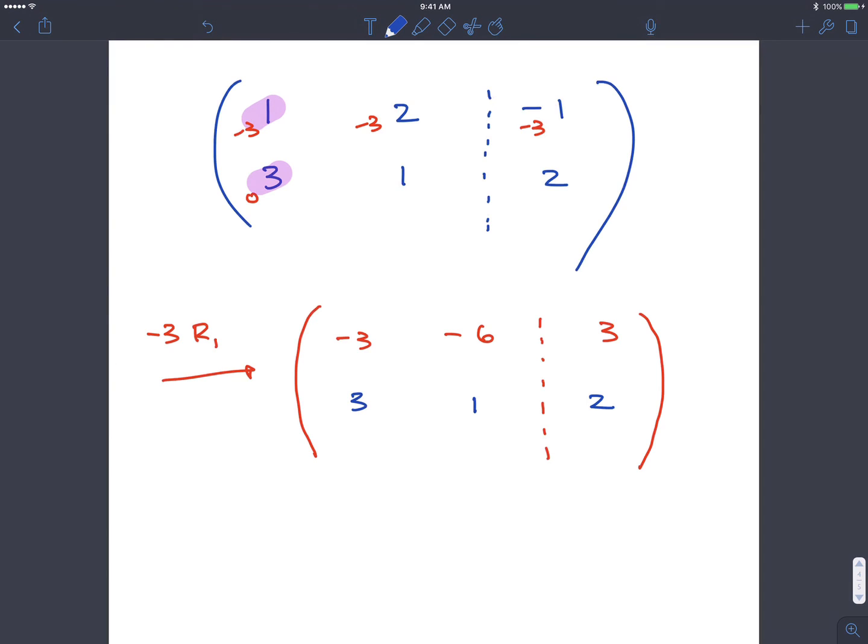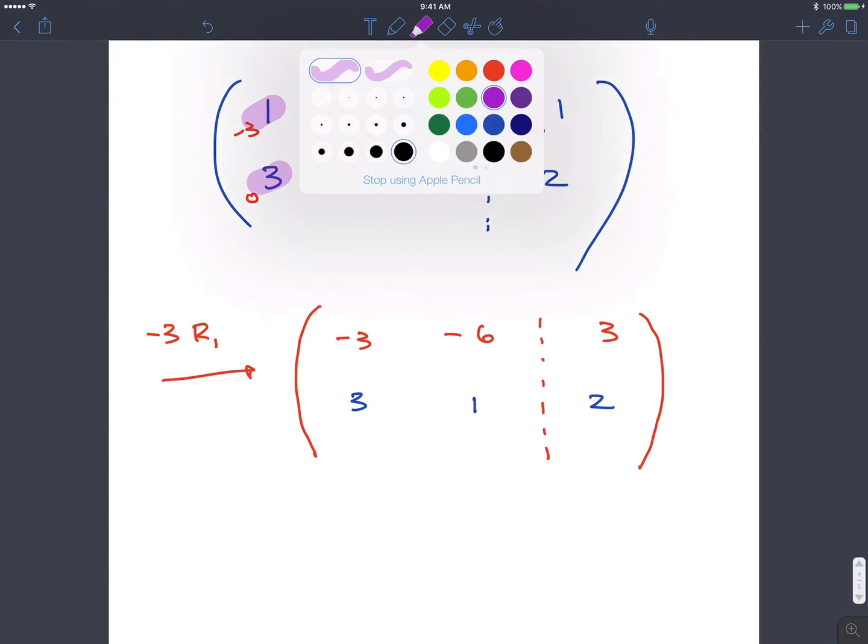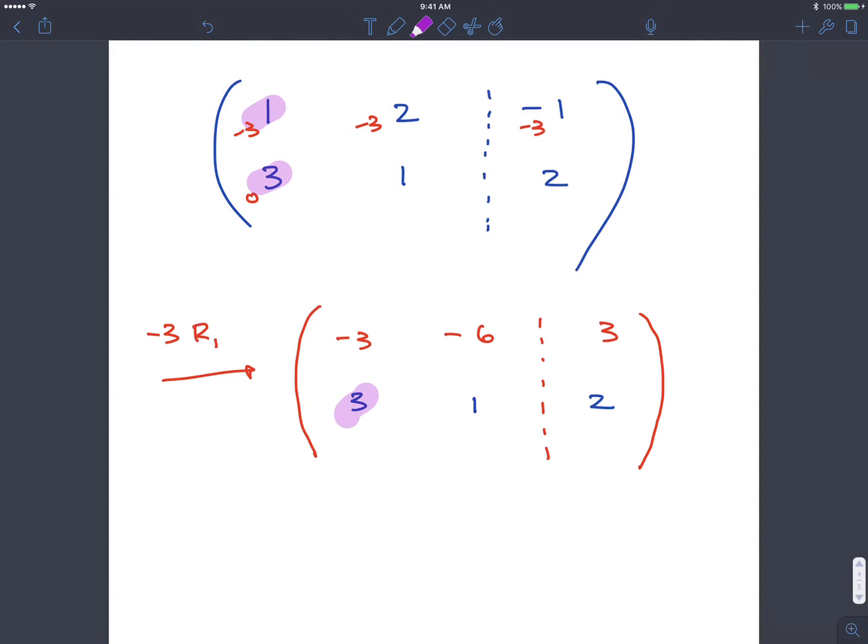But the only way we can get a 0 is when we have opposite values here. That's the only way we can actually zero out an entry. So I want to zero this entry out here. I want to get 0 there. And the only way we can do that is if these numbers are opposite in value.